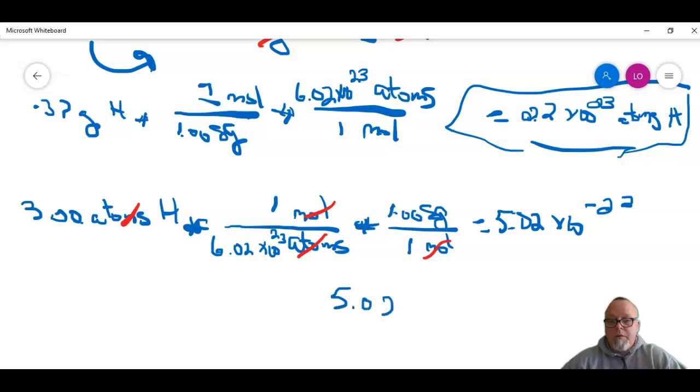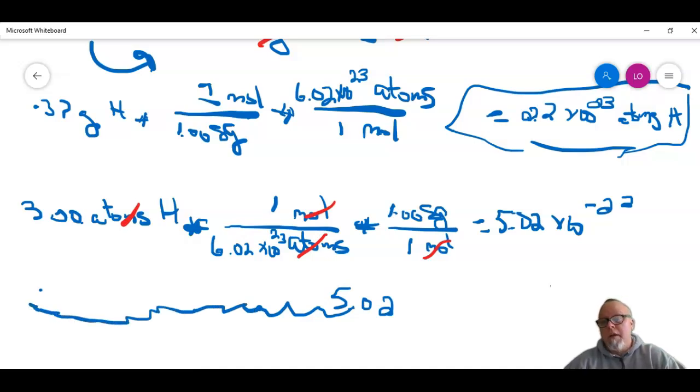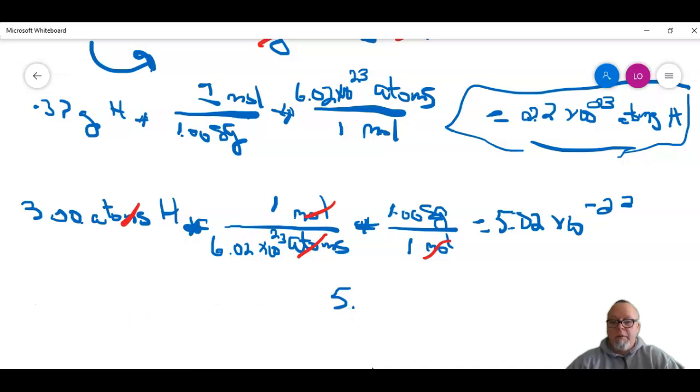It's 5.02 times 10 to the negative 22nd, sorry, I keep messing that up. So that's a bunch of leading zeros. It's a very, very small number, and you can see why, because I have only 300 of them, and 6.02 times 10 to the 23rd is going to make it definitely a very small number.